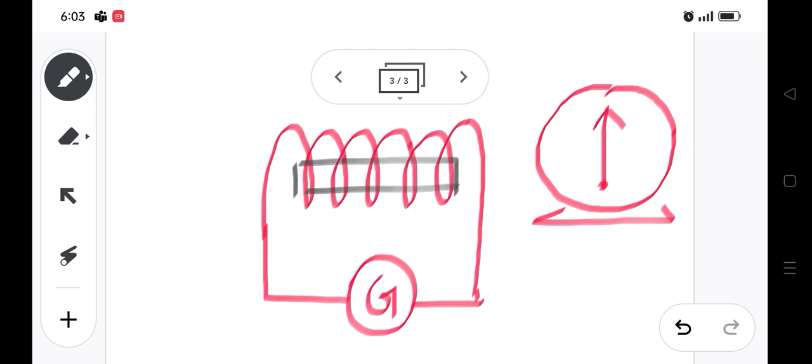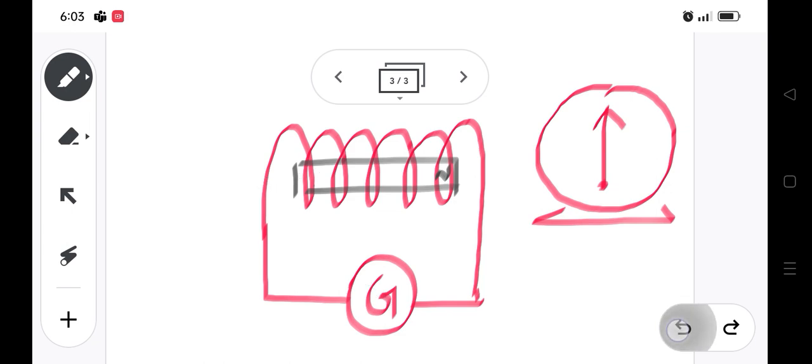Now there is no deflection in the galvanometer, that is, no current in it. Then after that, we took that magnet outside the solenoid. Then the galvanometer needle deflects, but in the opposite direction.